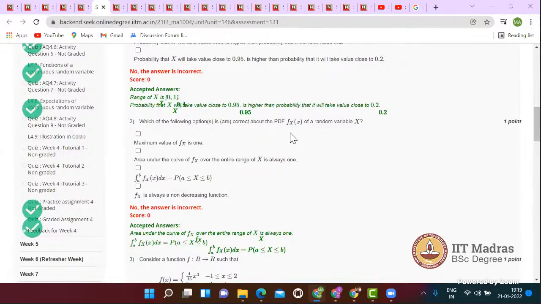What do we generally need for the PDF? We generally need that the integration of that PDF should be 1, nothing else, right?